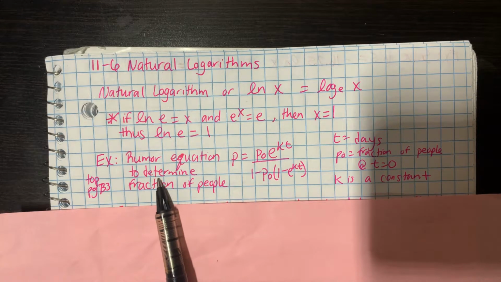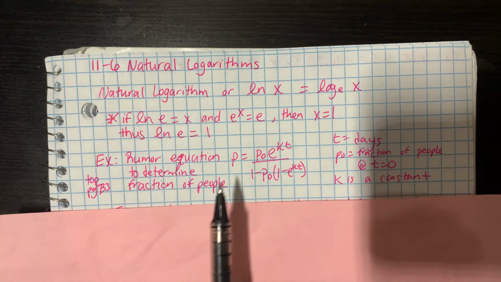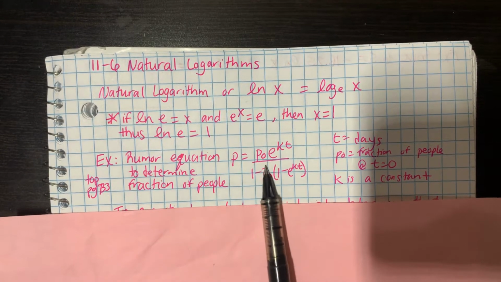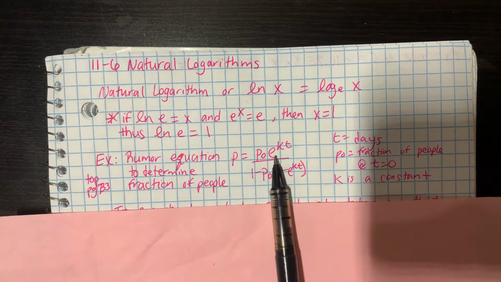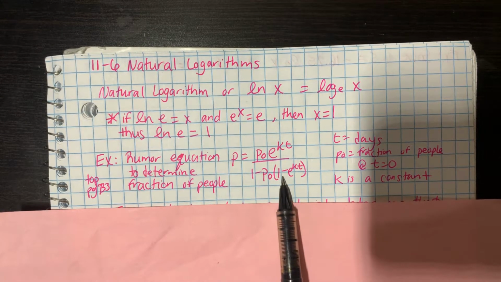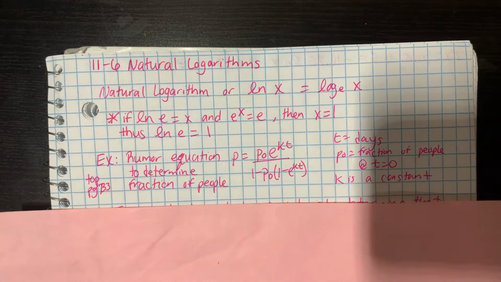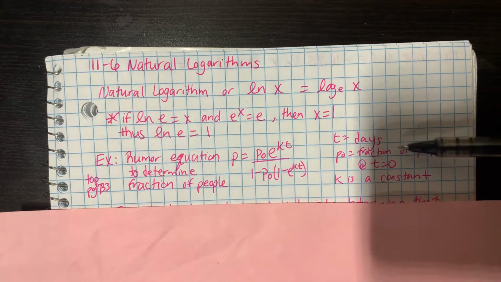Kind of crazy. So the rumor equation to determine the fraction of people is P equals P0 e to the kt over 1 minus P0 times 1 minus e to the kt, where t equals days.